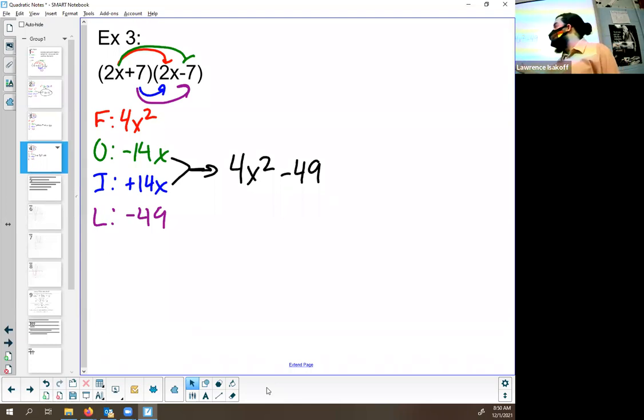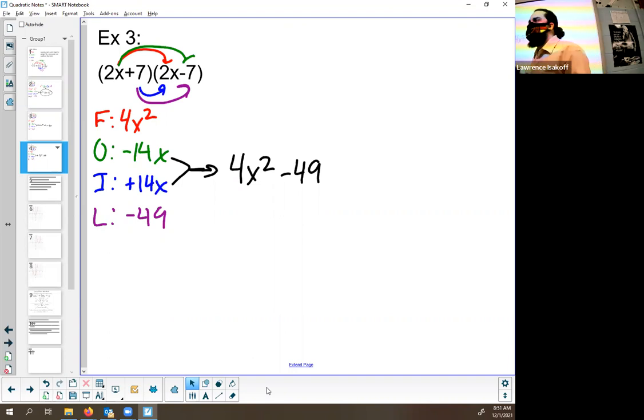Because it's a special pattern, it worked out kind of unique there with stuff canceling. That's why we give it a special name, difference of squares. You do not have to remember that pattern that, oh, if it's the same thing, just a plus and a minus, it just ends up being the first term squared and the last term squared.